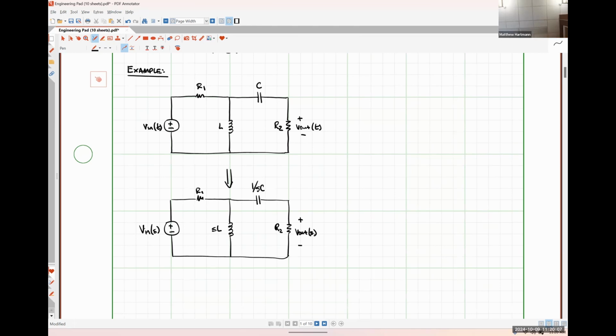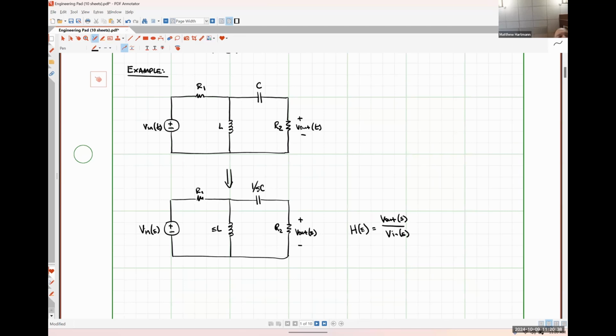So since we have a voltage out over voltage in, this is representing a voltage transfer function. So what we're looking for is H of s, which is simply going to be the ratio of Vout of s over Vin of s. Now, this isn't too complicated to do directly, but we can break it down into smaller steps in order to make this more palatable.